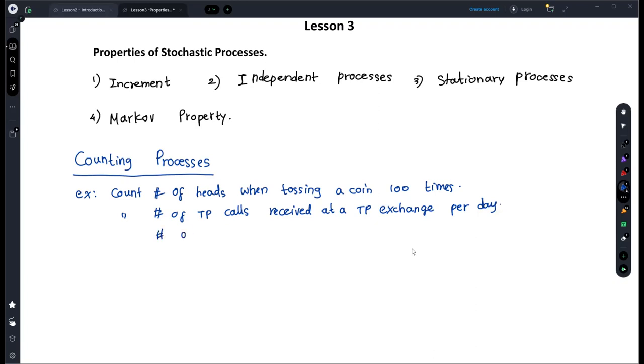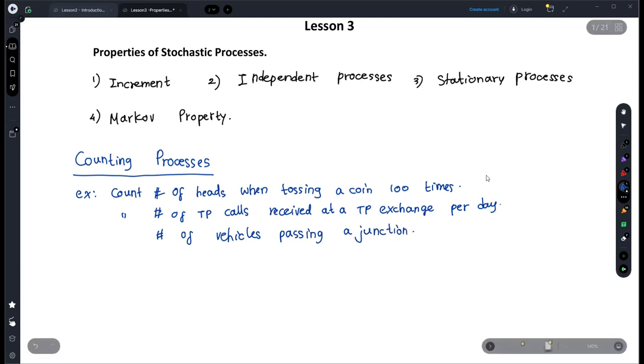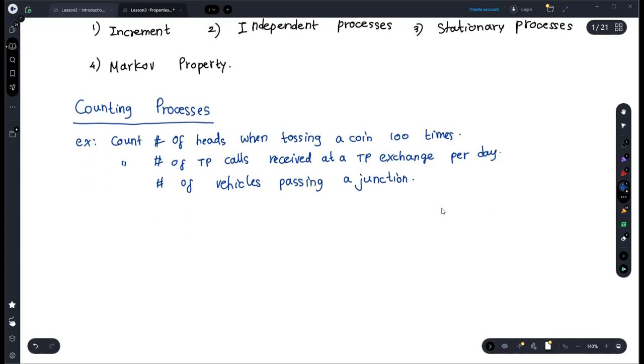Number of vehicles passing a junction. Those are counting processes, right? Okay, let's take the example that we are very familiar with, okay? Since the coin head and tail, we've done it a lot.